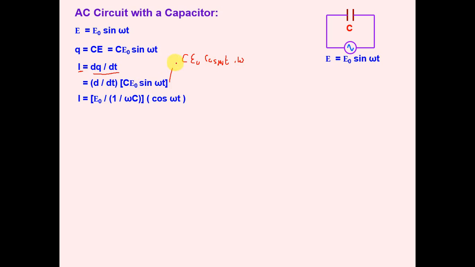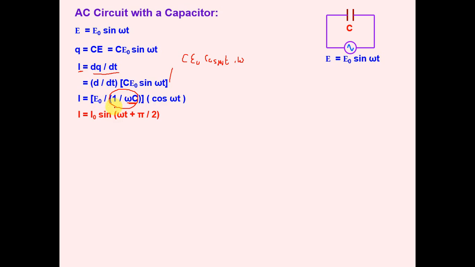Now you see this C into omega is the multiplier of epsilon naught, but we want it in the form epsilon naught over the opposition. So this can be written as epsilon naught over 1 over omega c. This 1 over omega c can be compared with the opposition to the flow of the current.